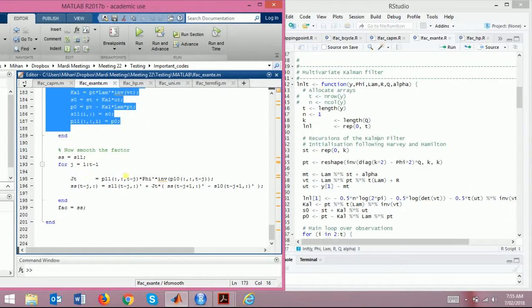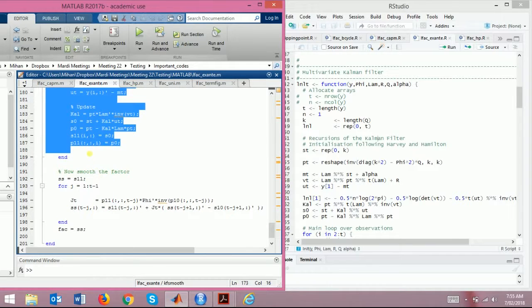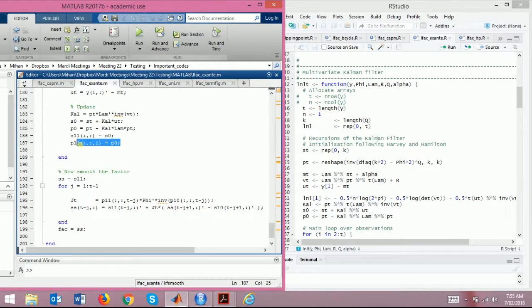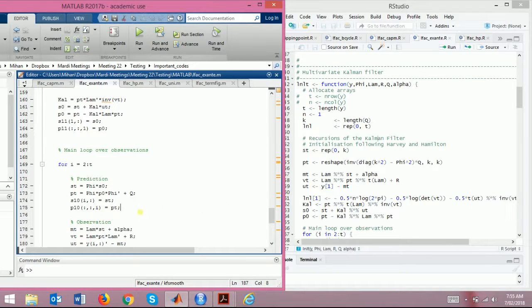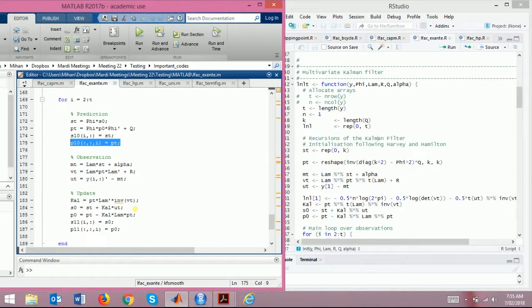Then we do smooth factor, where we take the observation stage minus the prediction stage. So you see P11 is the update which will be used for prediction, all rows, t minus j, minus P10, which is the observation prediction, estimated just before prediction.